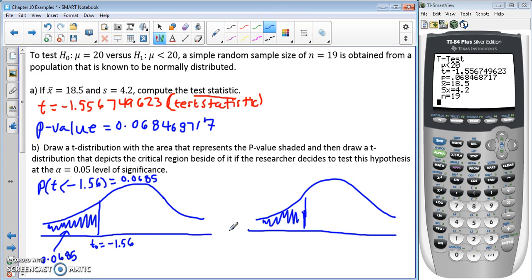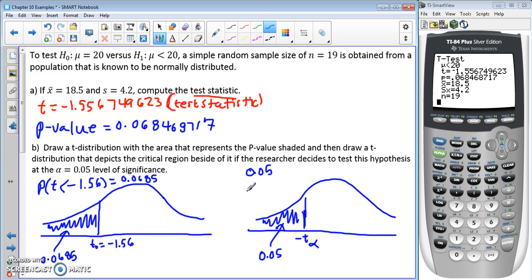Whereas over here, this region is alpha, which is 0.05, and this is going to be negative t sub alpha since we have a left-tailed test. And we're going to use our table again to figure this out. So our area to the right, if we use symmetry here, would be 0.05.